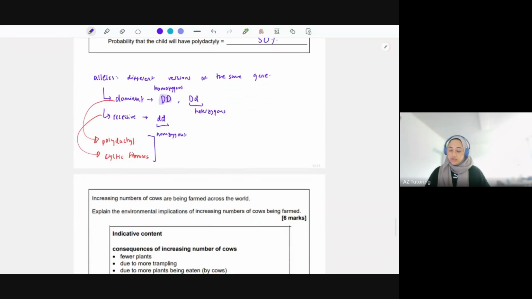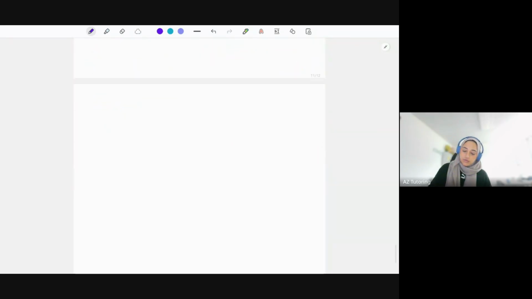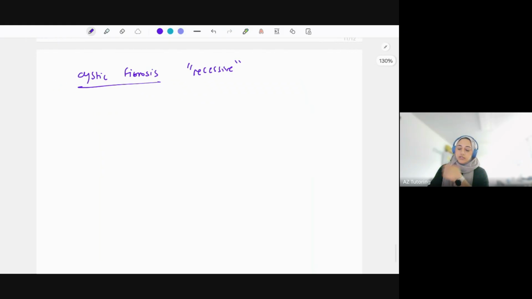Okay, I'm just going to quickly do an example on cystic fibrosis as well, just in case that comes up. So remember, cystic fibrosis is a recessive disorder, so basically meaning we need 2 lowercase letters. Now, let's say we've got 2 parents who are carriers. That's all they've told us in the question. Now, what they mean by carrier is they're carrying the gene, but they're not showing the gene.